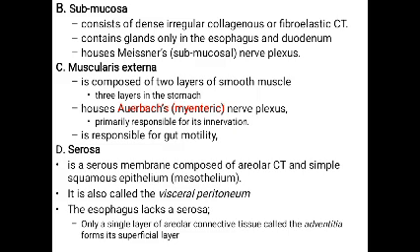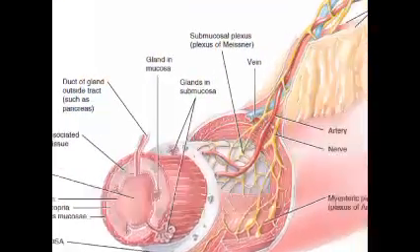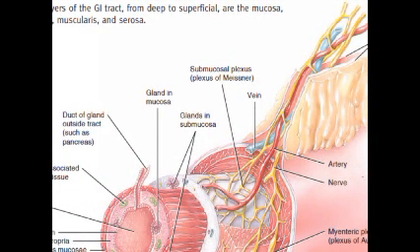It is the superficial layer. The diagram looks like this. The 4 layers of the GI tract from deep to superficial are the mucosa, submucosa, muscularis, and serosa.